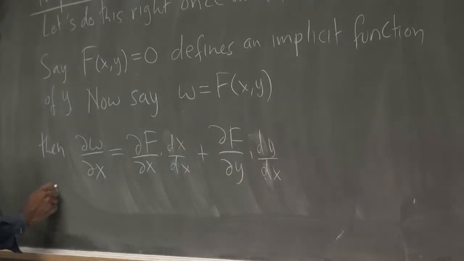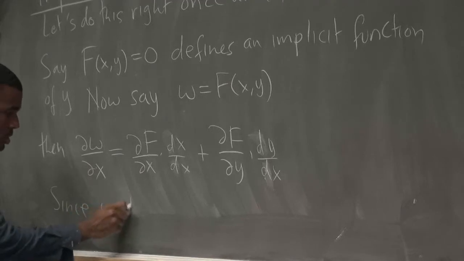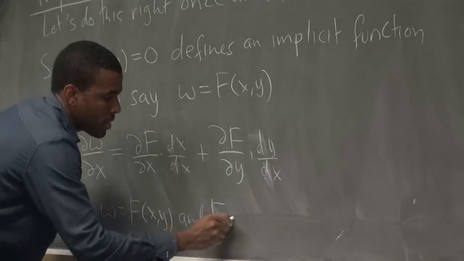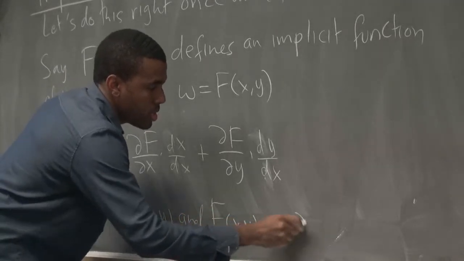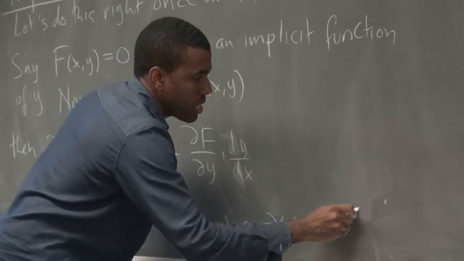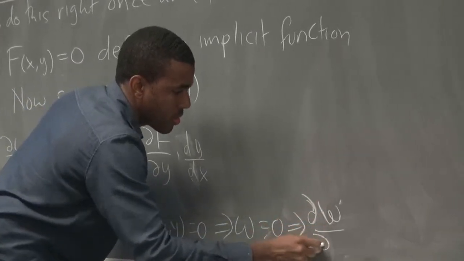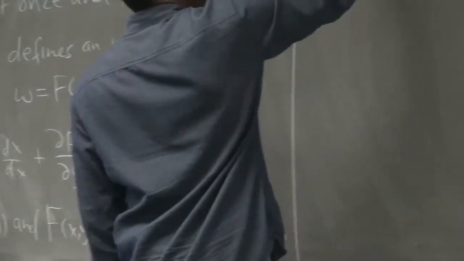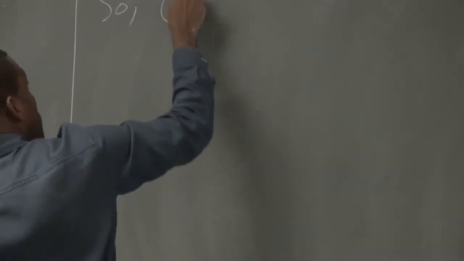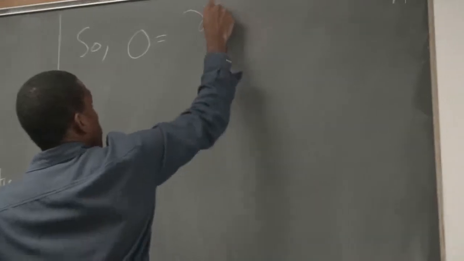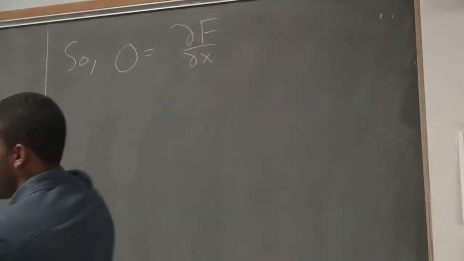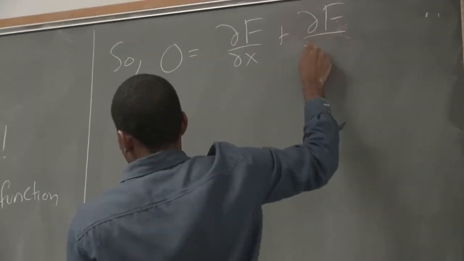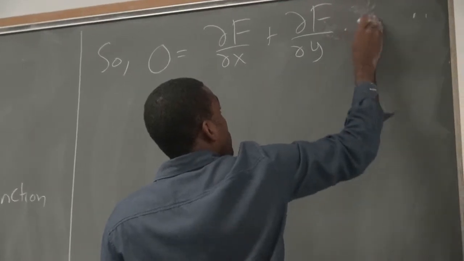Now, since w equals f of x, y, and we're assuming that f of x, y is 0, this means your w is actually 0, which means that your partial with respect to x is actually 0. So you can say that 0 is equal to partial of f with respect to x times dx dx, which is 1, plus partial of f with respect to y times dy dx.